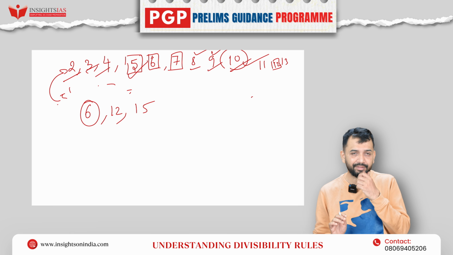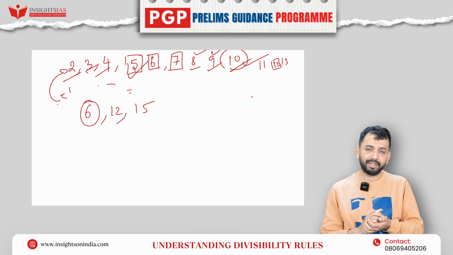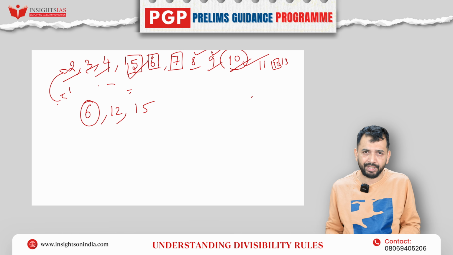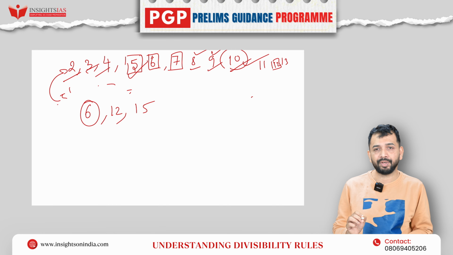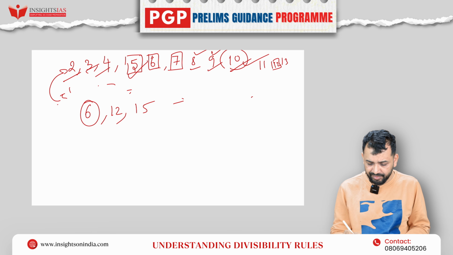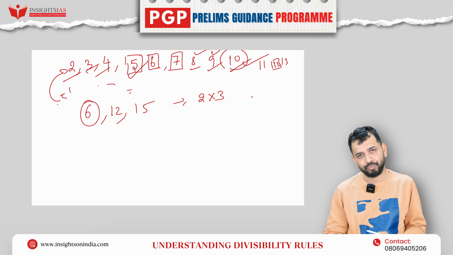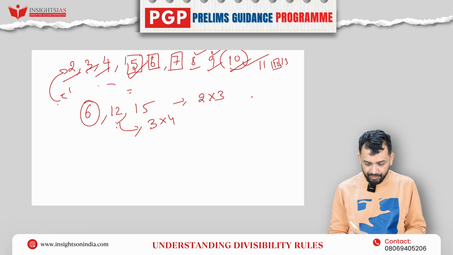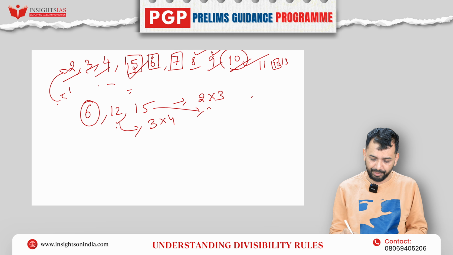Now, if you look at these numbers, they are basically multiples of two different numbers, right? For example, 6 can be written as 2 into 3. Similarly, 12 can be written as 3 into 4. 15 can be written as 3 into 5.